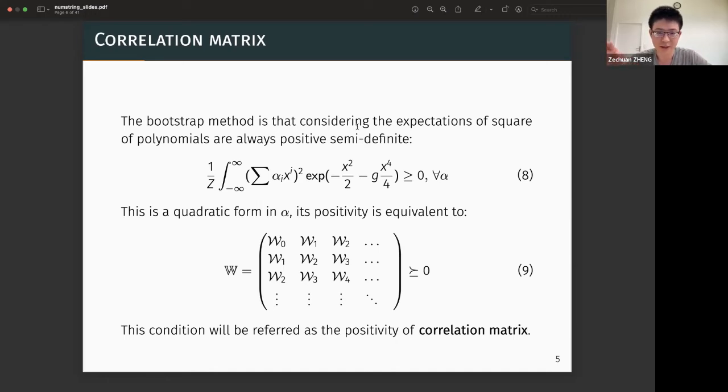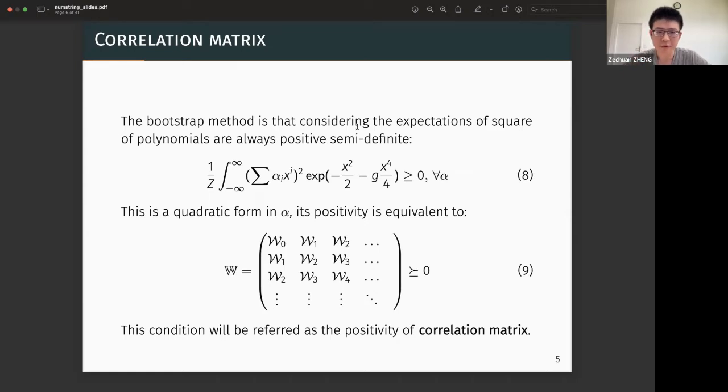We notice that the odd moments vanish, so there are actually a lot of zeros inside, and the higher moments are linear functions of W2. So this infinite-dimensional positive semi-definite matrix is actually a linear inequality on W2. This condition will be referred to as positivity of the correlation matrix because it is a matrix of correlators.